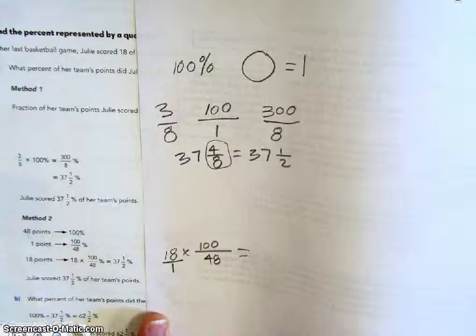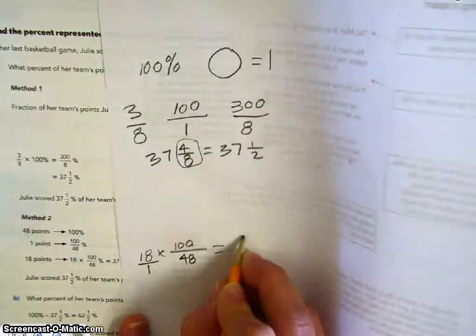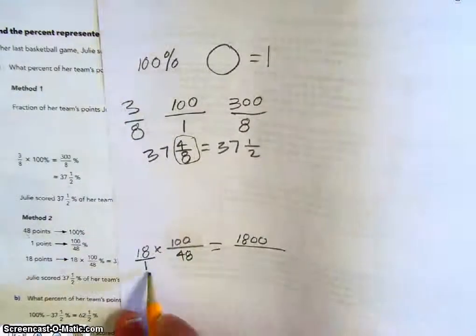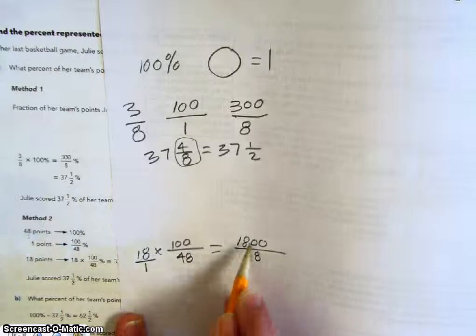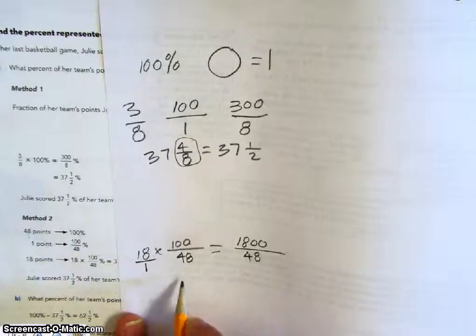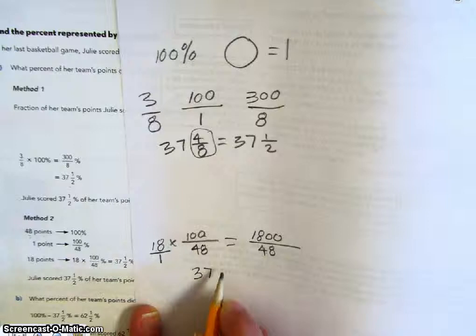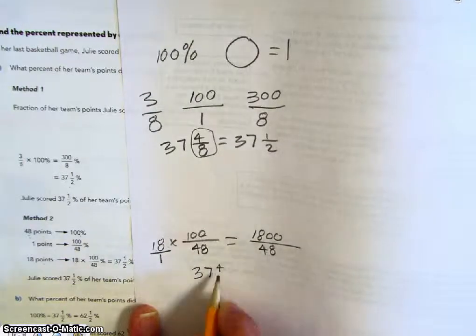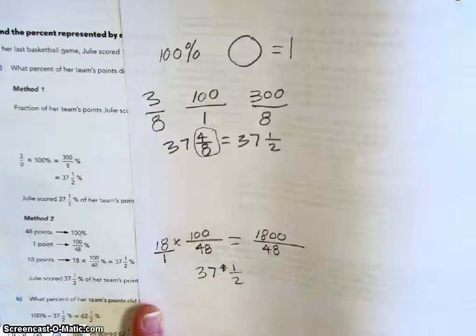So 18 times 100 is 1800, and 48 times 1 is 48. If we divide 48 into 1800, it comes out to 37, with a remainder of 4. And when we reduce it down, it would go to 1/2, just like this.